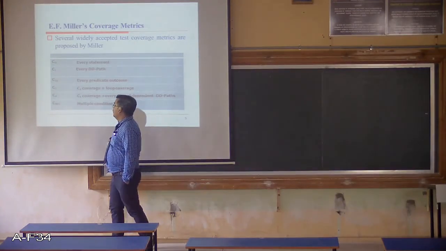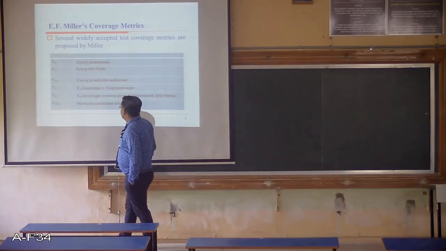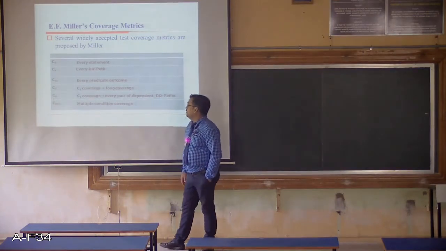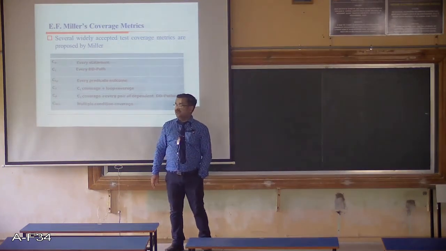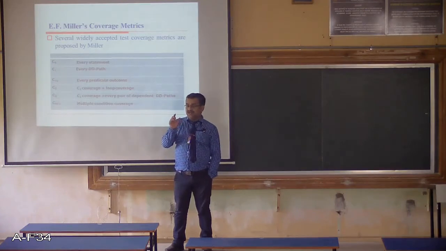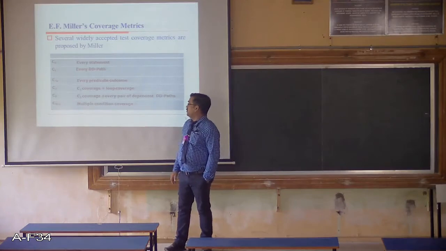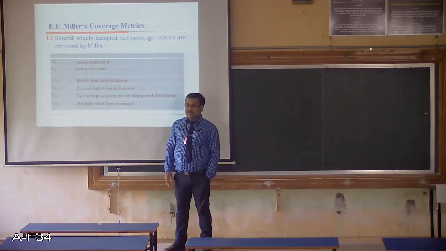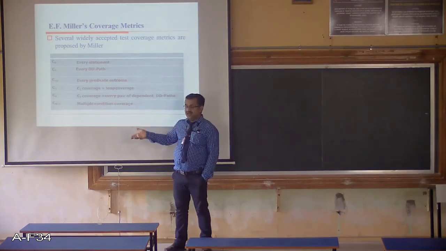CMCC indicates multiple condition coverage, when there are multiple conditions in the predicate or decision. Suppose you use relational operators, greater than, less than, equal to, for checking one condition, then you use AND with another condition.